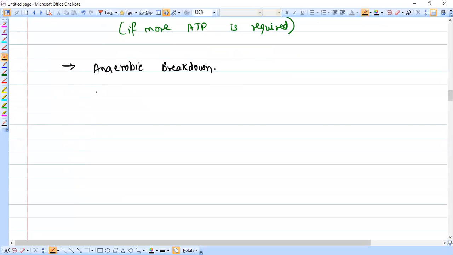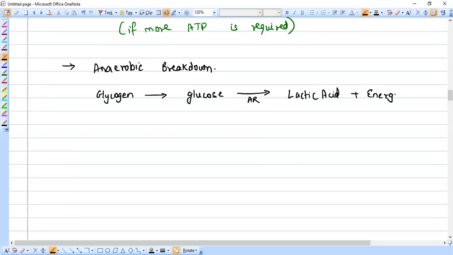So under anaerobic breakdown, the glycogen will be broken down to give you glucose, and this glucose will follow anaerobic respiration and form lactic acid plus energy will be released. But remember, due to anaerobic respiration, the energy released will be very less. Still it is used for running, and this energy will be used for doing the work.